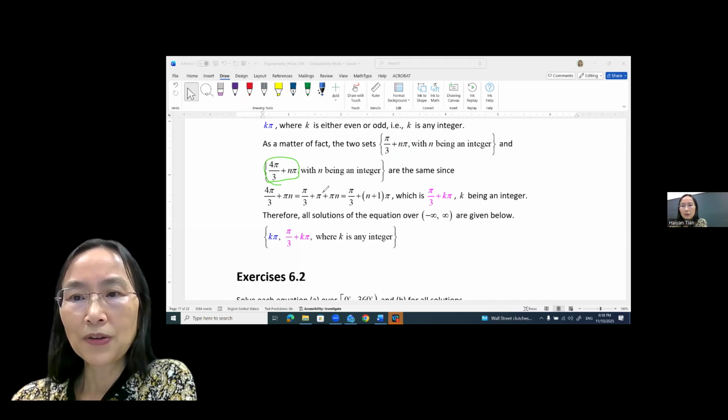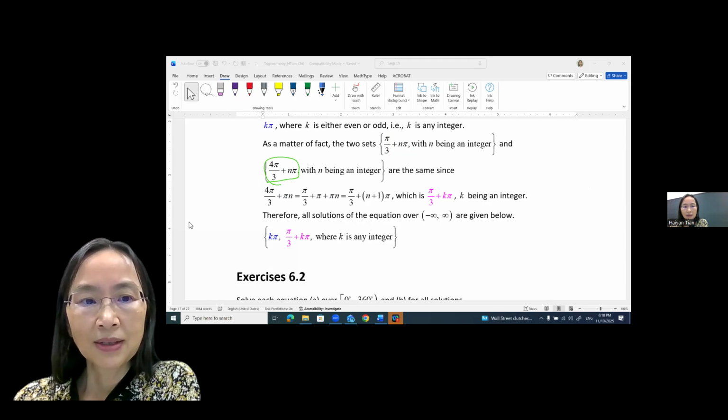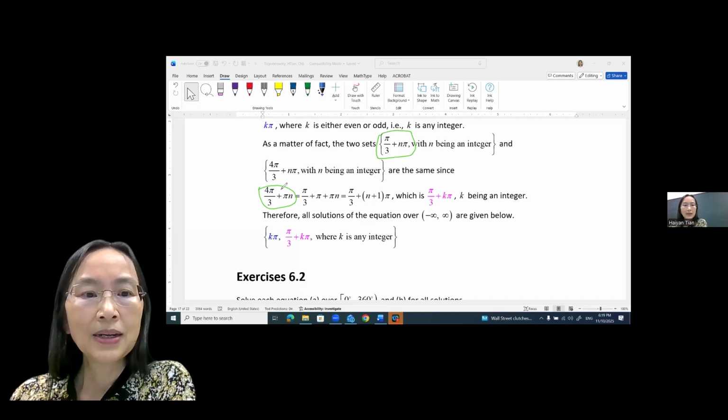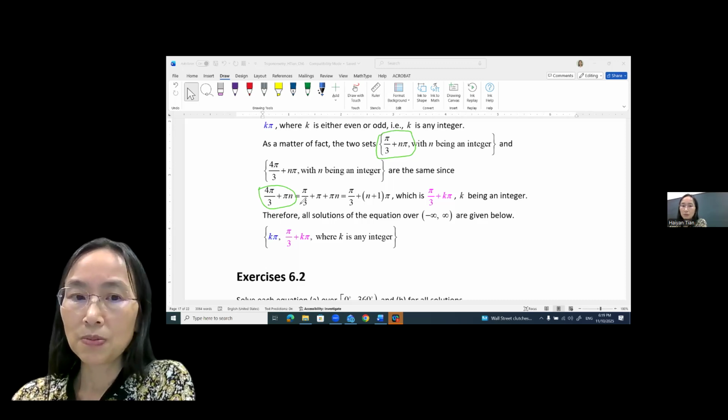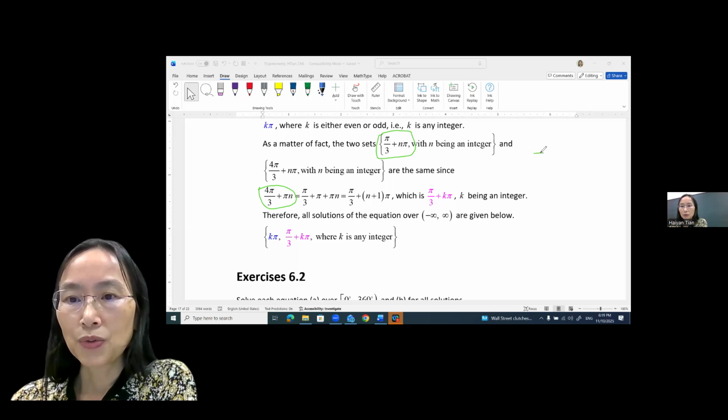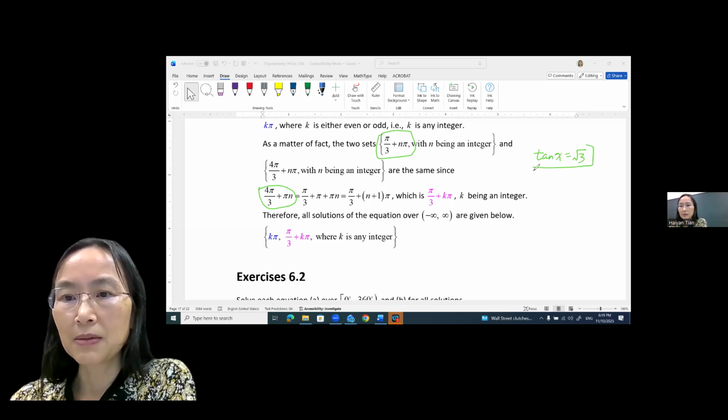this 4 pi over 3 can be rewritten. The way we see this 4 pi over 3, let's keep this in mind. This is pi over 3 plus a multiple of pi, or 4 pi over 3 plus a multiple of pi, in order to make this one true. So this is tangent x equals square root of 3. We're tackling this part.